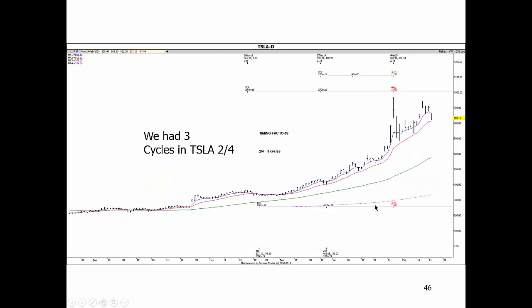Tesla. So Tesla, when it was going straight up, I did want to know when it might top, because I had a lot of traders that were definitely trading Tesla, and we had 3 cycles on February 4th.